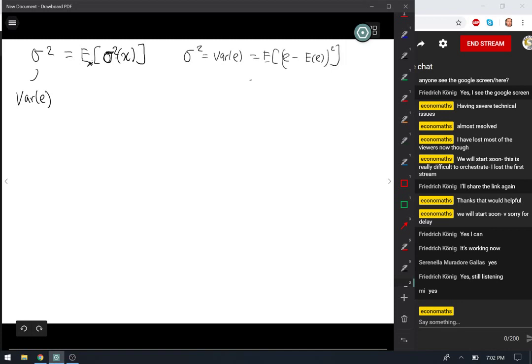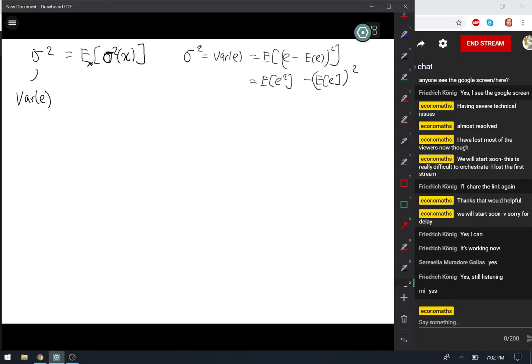If we expand all this out, we get E[e squared] minus (the average of e) squared. Note the difference: take e squared and then take the average of it, or find the mean of e and then take the square of it.